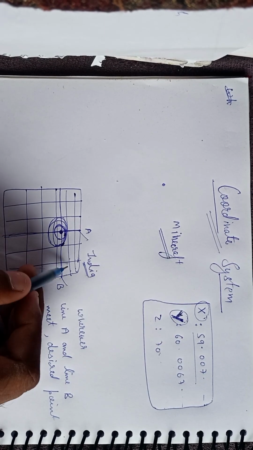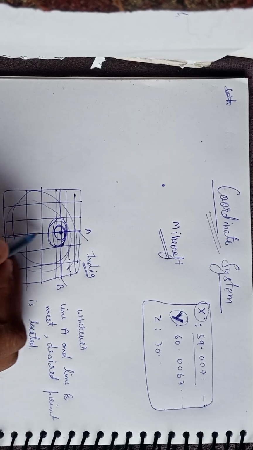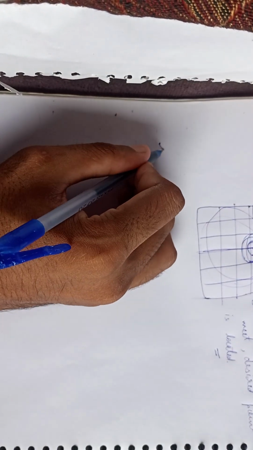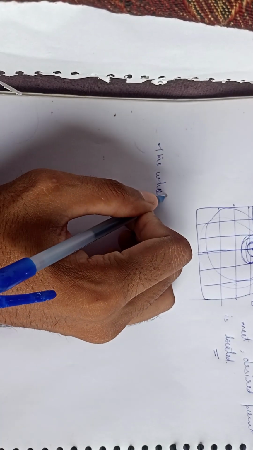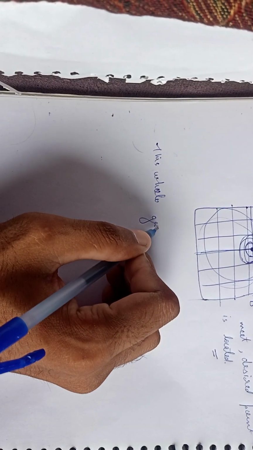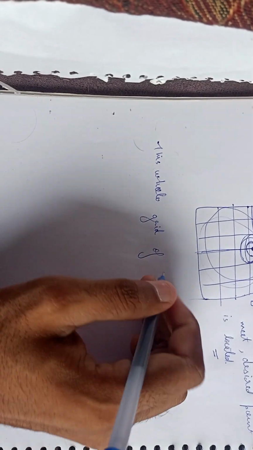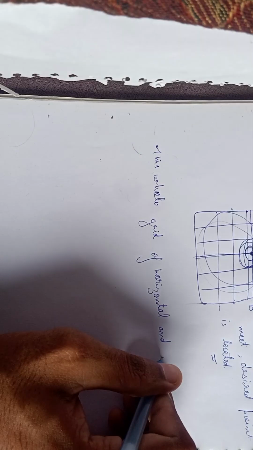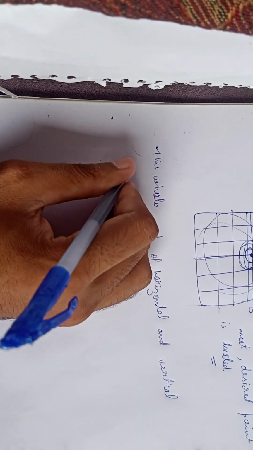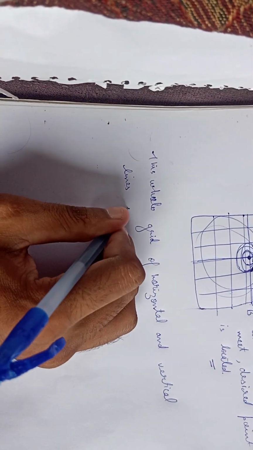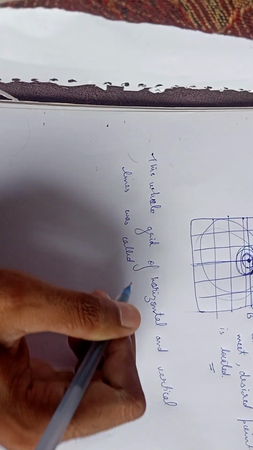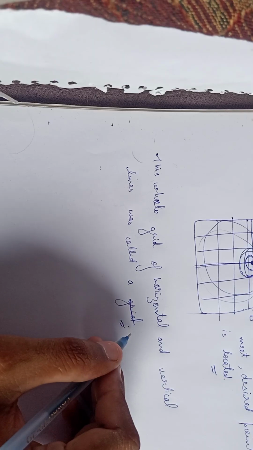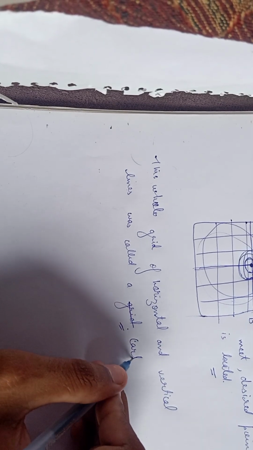right. Now this whole grid of horizontal and vertical lines was called a Cartesian plane.